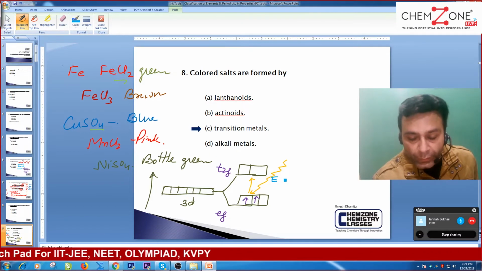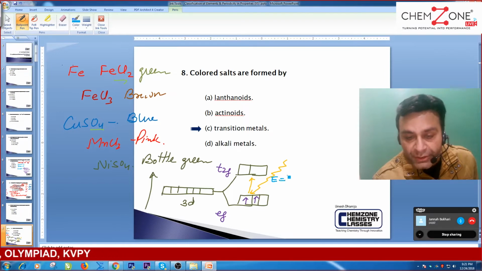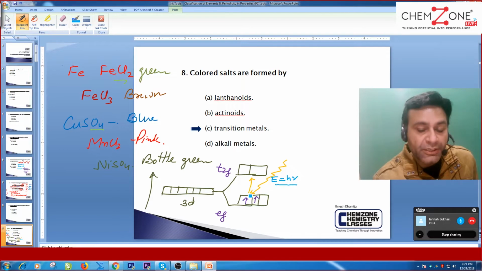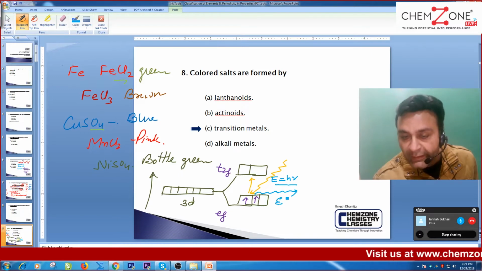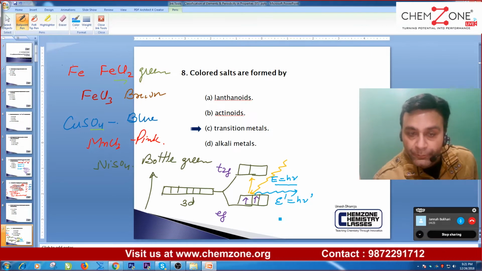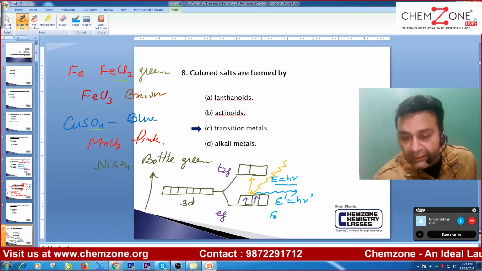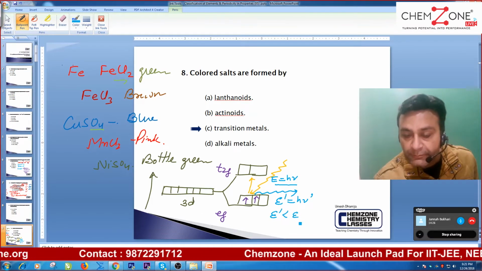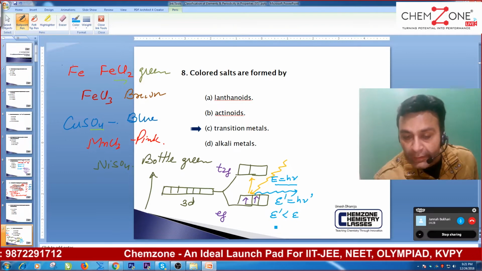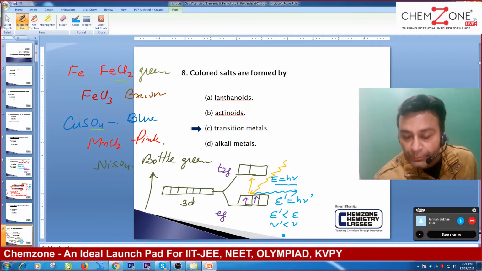So we are providing some energy, E is equal to h nu. Out of the total energy, some energy is used in the excitation, and the remaining energy comes out. So E dash is equal to h nu dash. We can say E dash will be less than E, or nu dash will be less than nu.